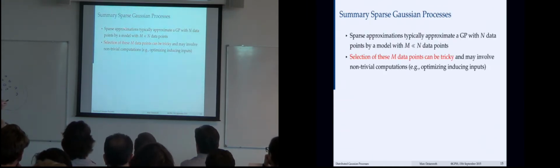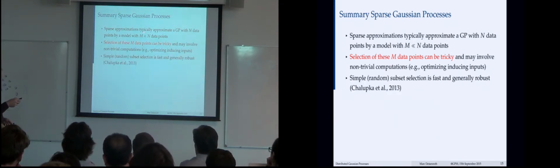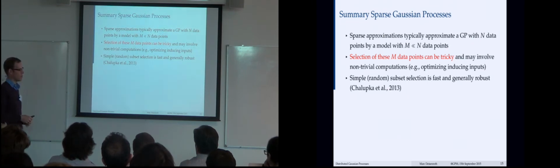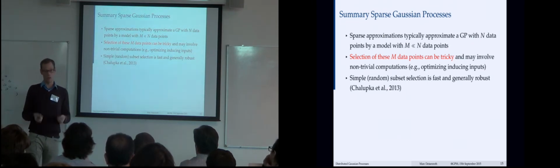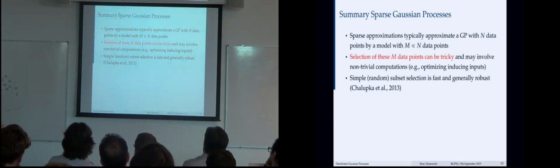So the sparse approximation typically approximates a Gaussian process with n data points using a model that uses only m, much smaller than n, hypothetical data points. The selection of these m data points can be very tricky and can require solving a rather complicated optimization problem.